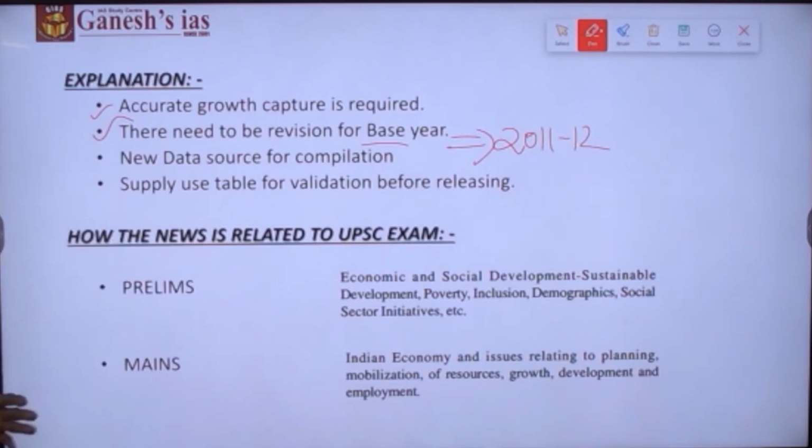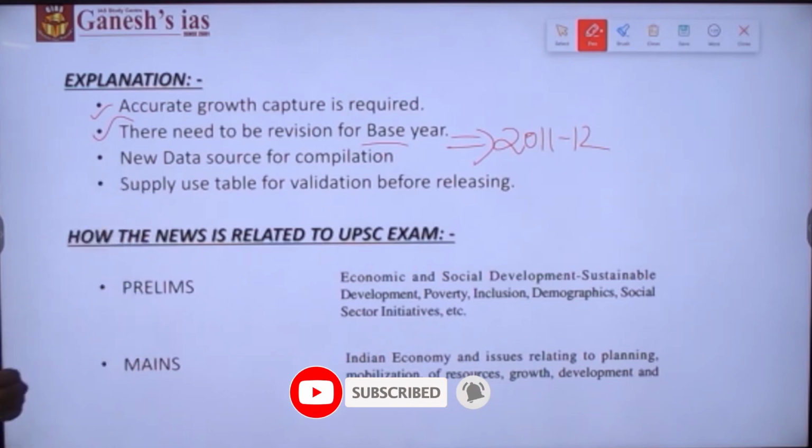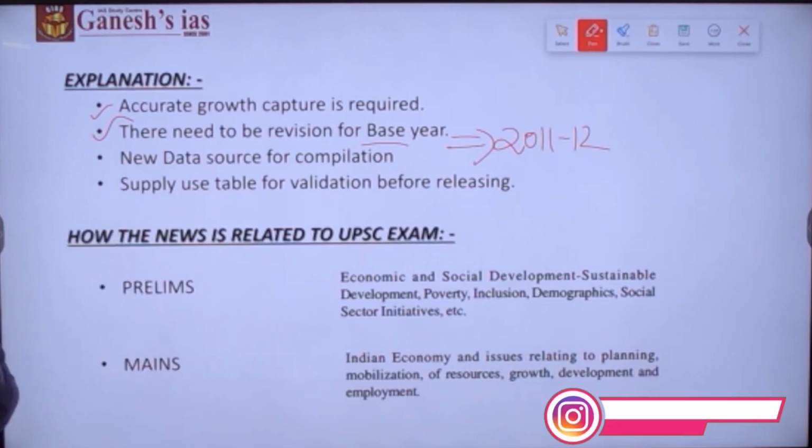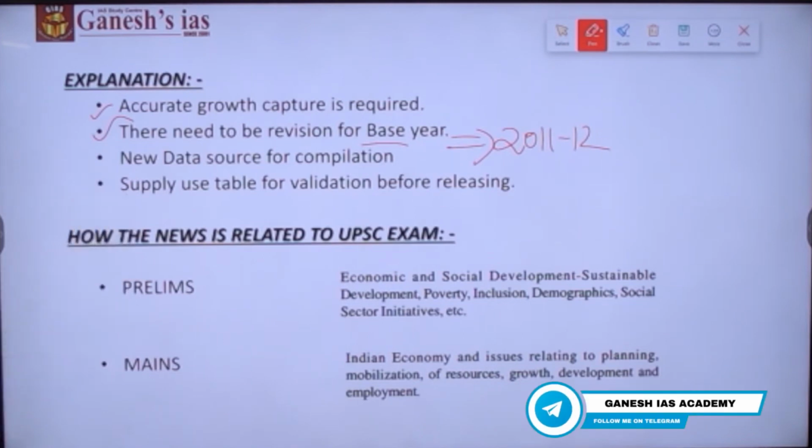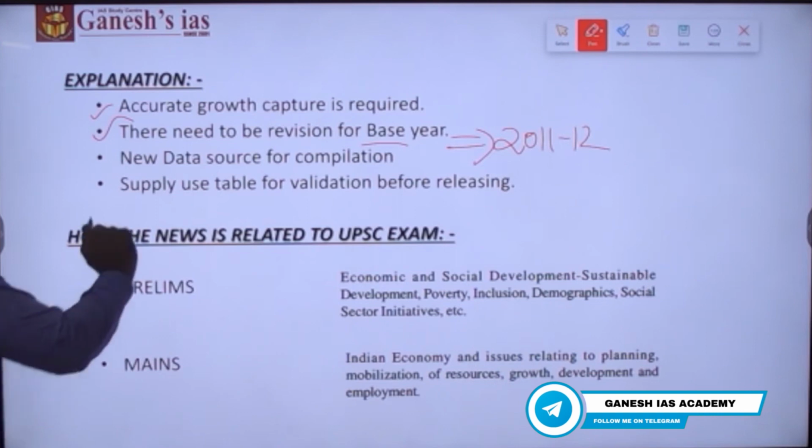During this period, the nature of jobs has changed, more jobs have been added, and more redundant jobs have been chucked out from the economic activity of the system. So by using the old base year, a lot of areas where economic activities are taking place are not getting properly identified. So there needs to be a revision of the base year every 5 years. This is what the author is suggesting.